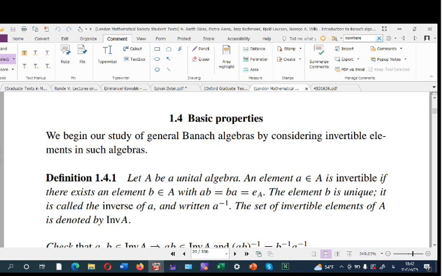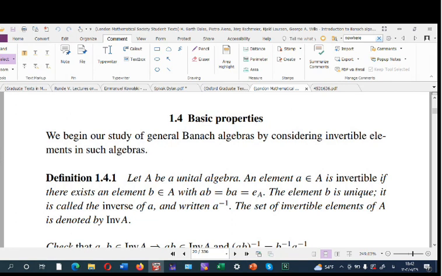Let A be a unital algebra, so that we have an identity. An element a in A is called invertible if there exists an element b with these properties.